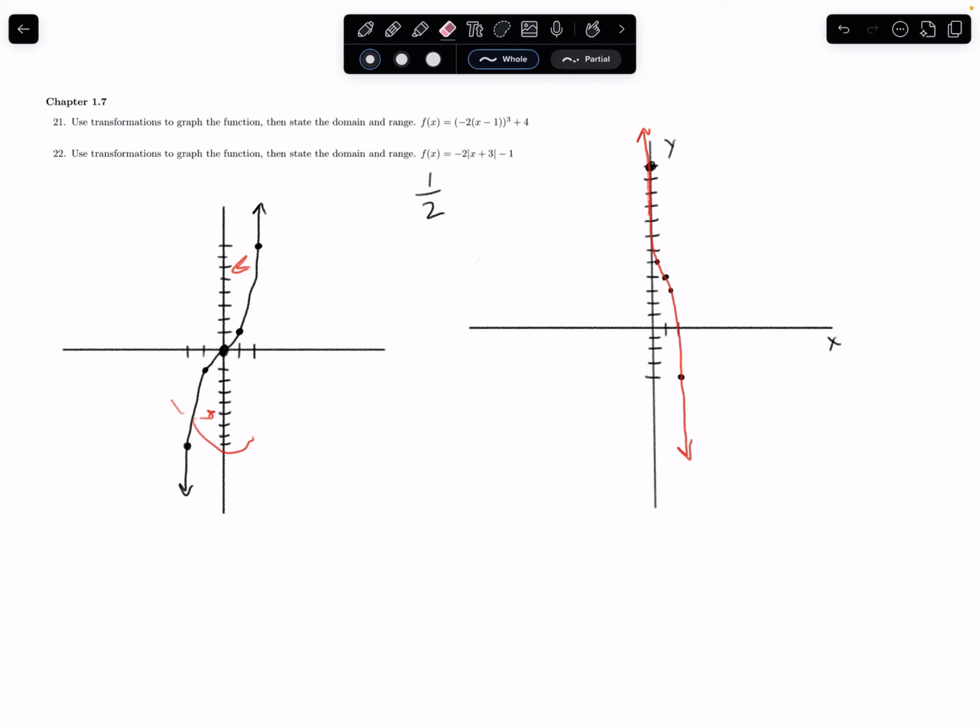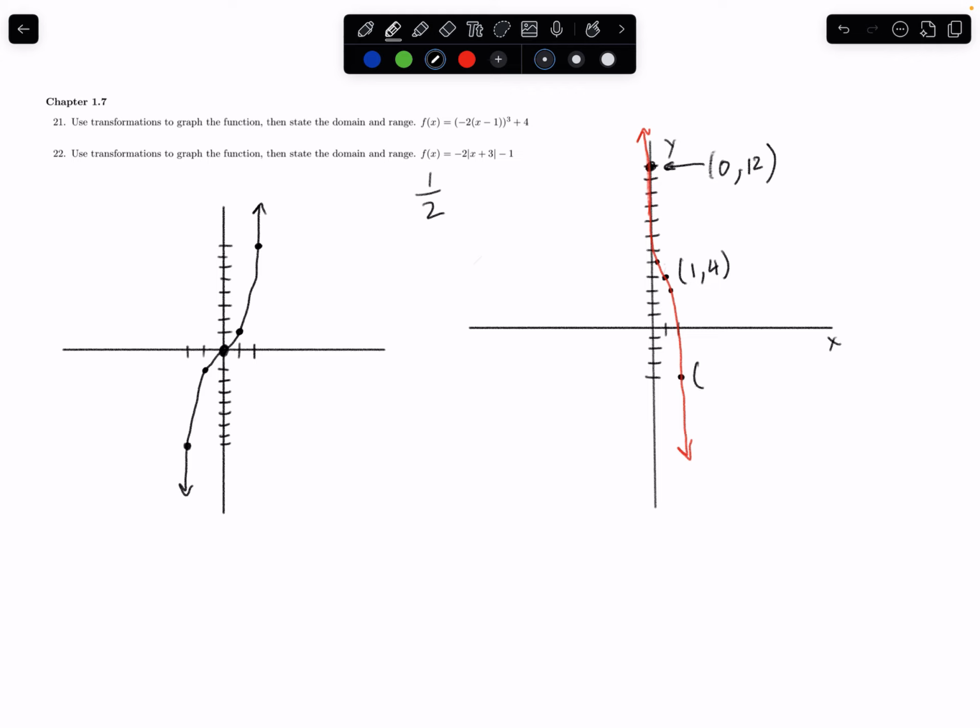Now, if you want to be absolutely certain you are where you are, or to be more accurate, you can label some of these points. So this point here, the starting position, that was 1, 4. And then this intercept right here, that one is 0, 4 up plus another 8 is 12.